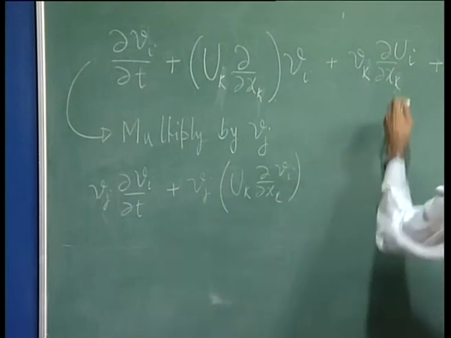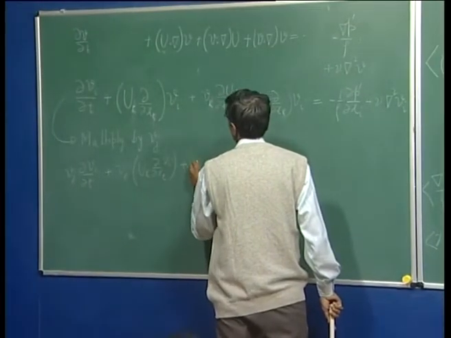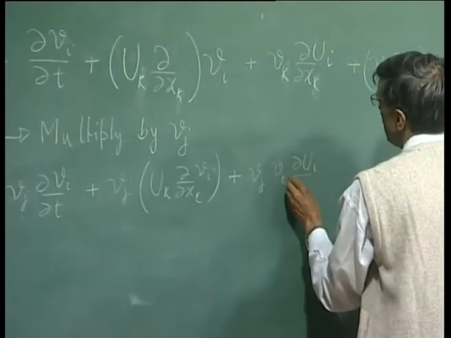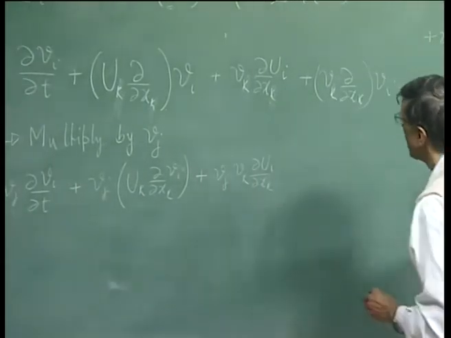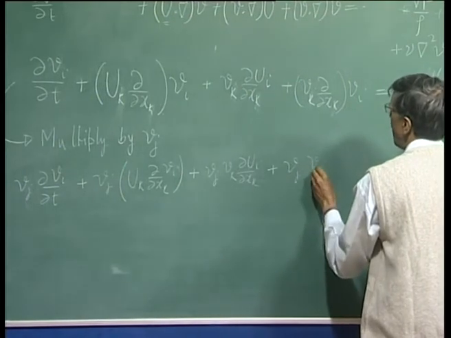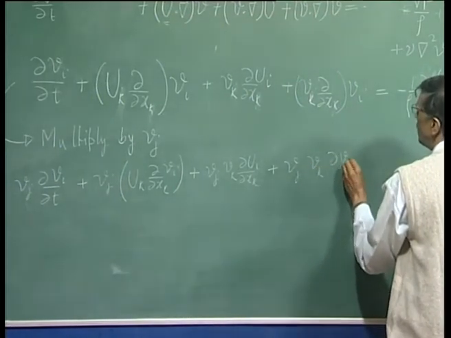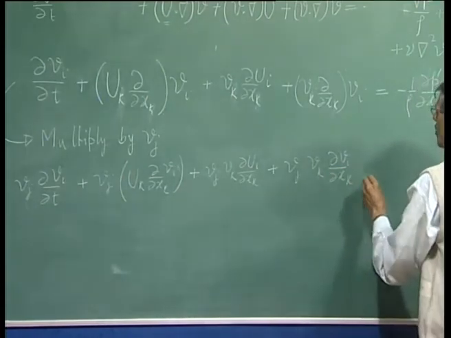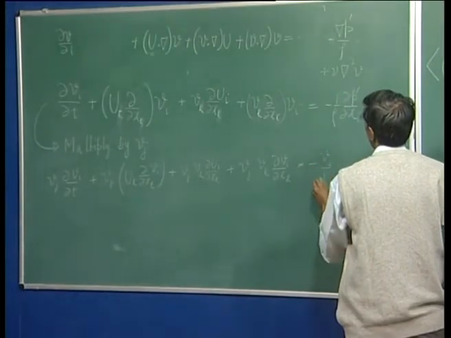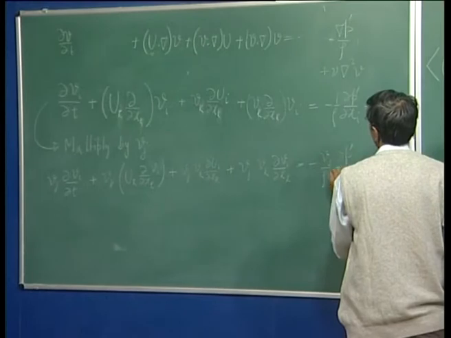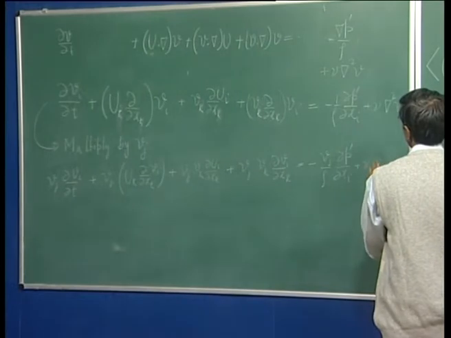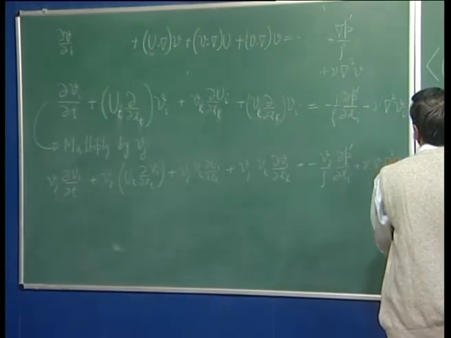and from here we will have Vj Vk del Ui del xk, right, and here we will get Vj Vk del Vi del xk, and here we will write Vj by rho del p prime del xi, and here we will write nu times Vj del square Vi.